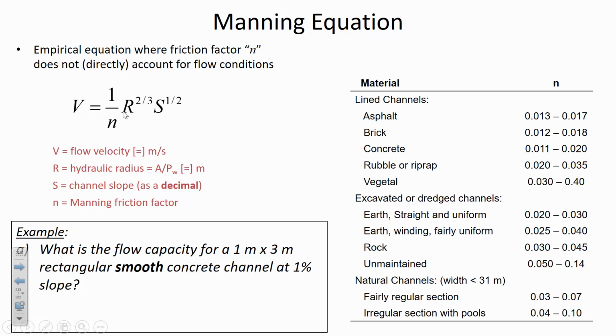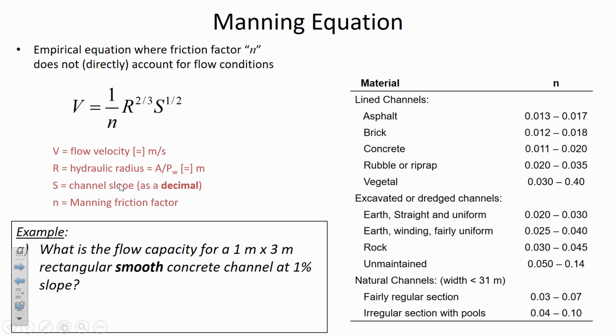And so hydraulic radius is area divided by the wetted perimeter for this rectangular channel. And so the area, you can see, is going to be 3 meters by 1 meter. So it's 3 meters squared. The wetted perimeter is going to be 1 on the right side plus 3 plus 1 on the left side. So the wetted perimeter is 5 meters.